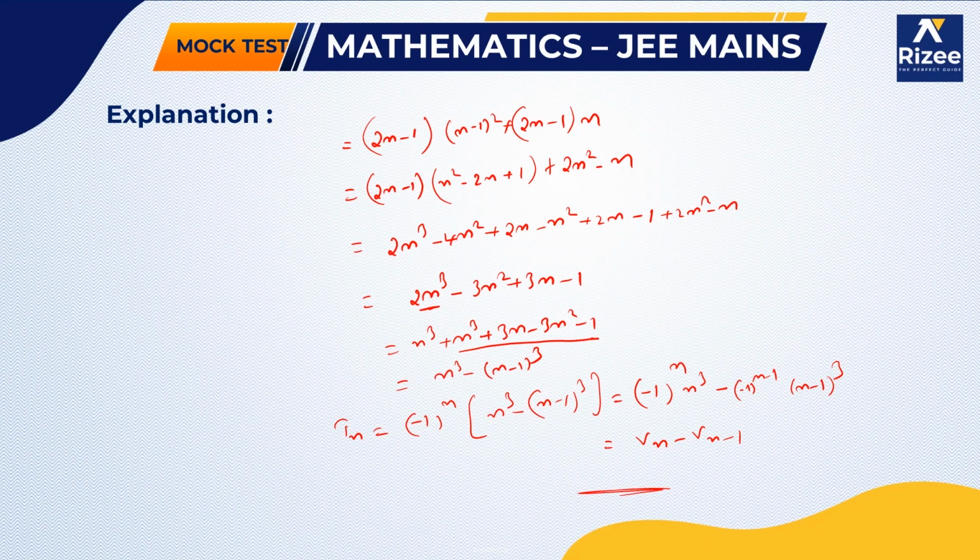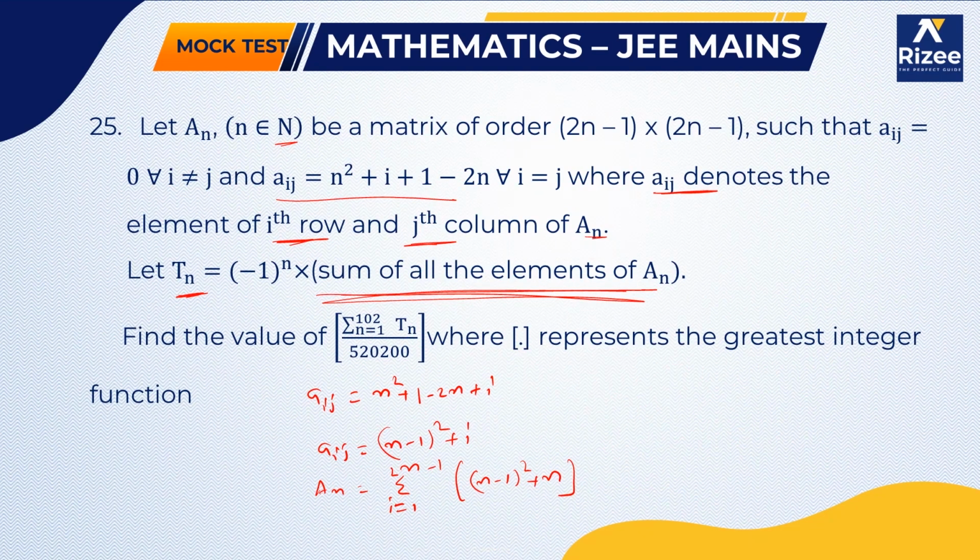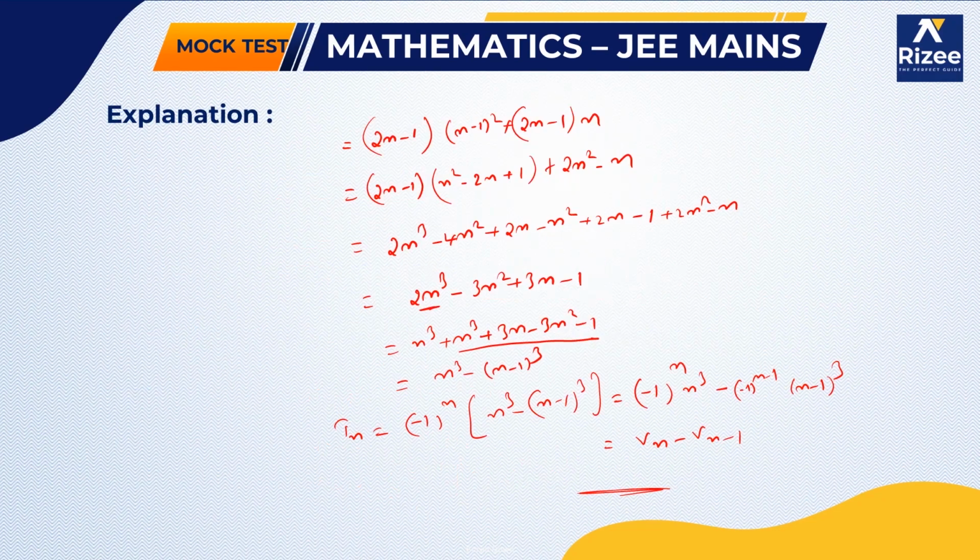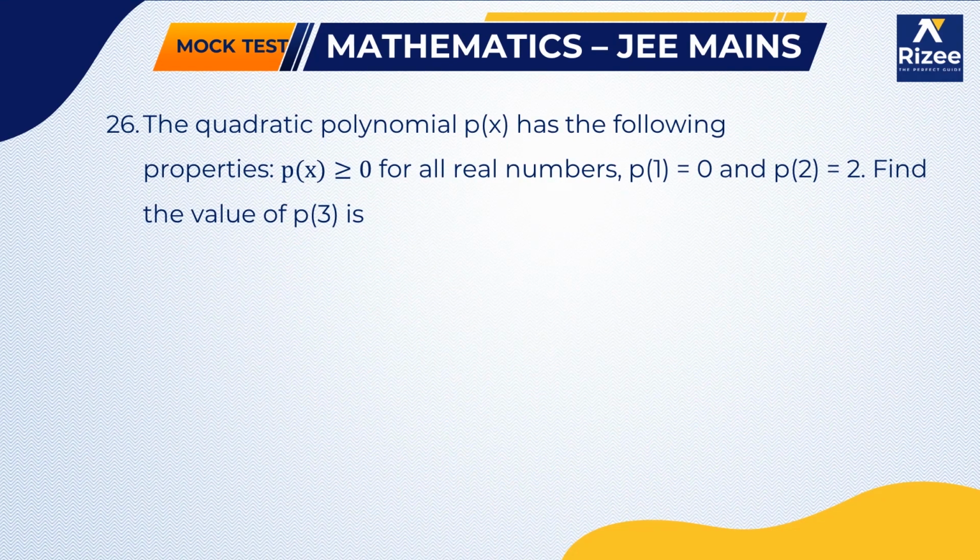The quadratic polynomial p of x has the following properties: p of x is greater than or equal to 0 for all real numbers, p of 1 equals 0 and p of 2 equals 2. Find the value of p of 3. Let me take the polynomial p of x equals k into (x minus 1) whole square.